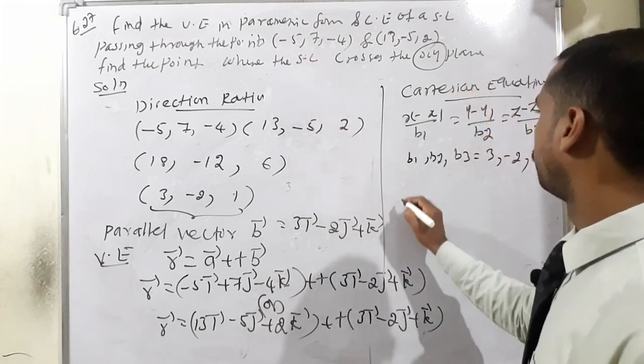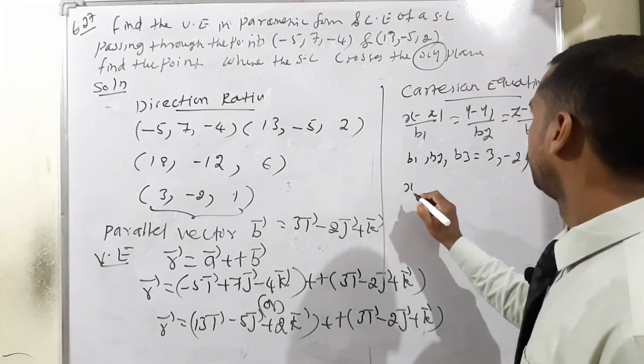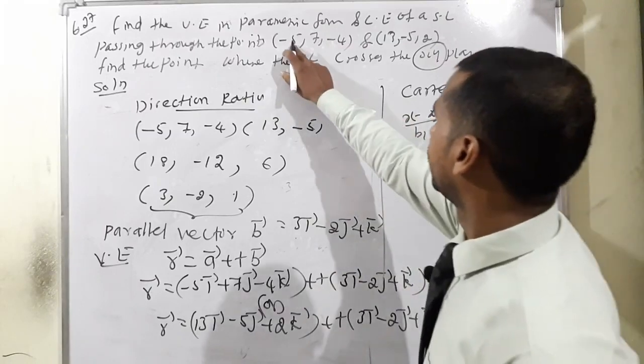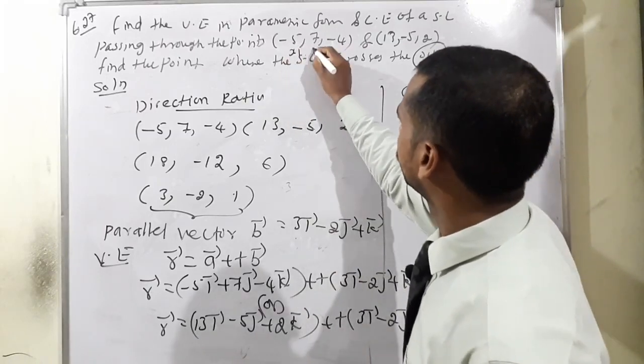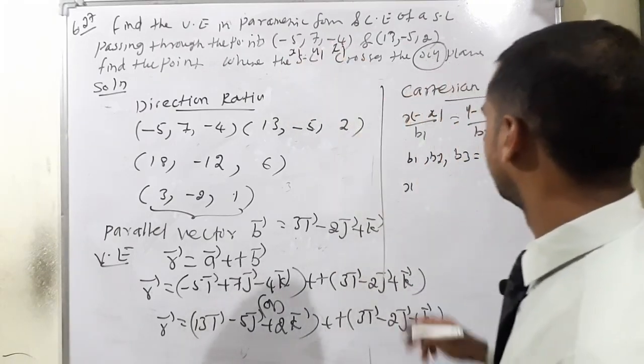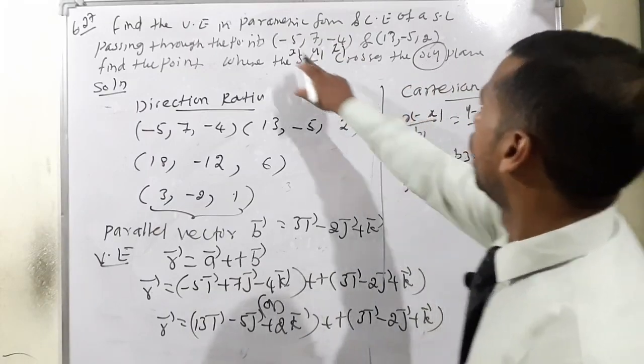The first one, what will happen? x1, y1, z1 is -5, 7, -4. This is x1, this is y1, this is z1. So x minus, already a minus here also.